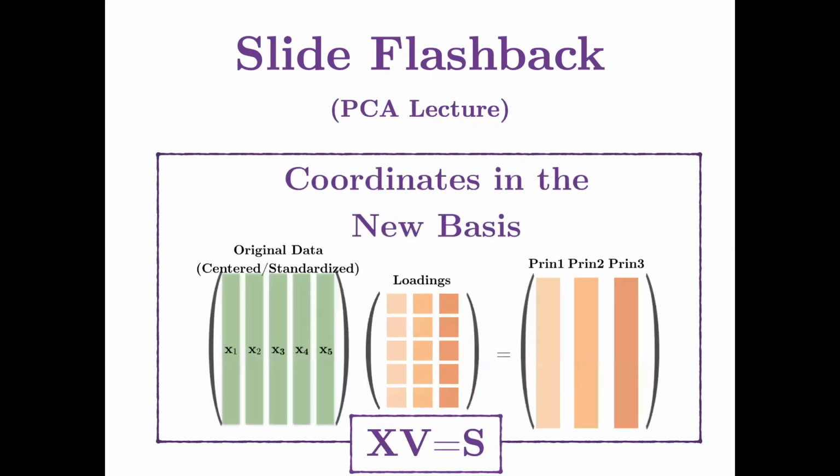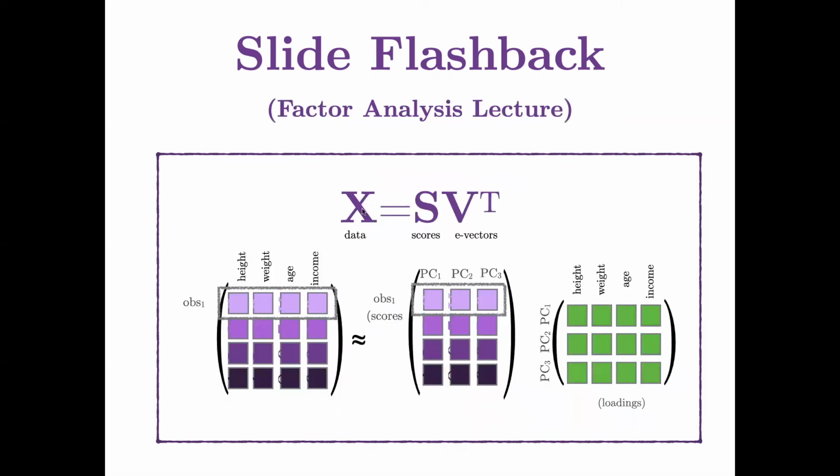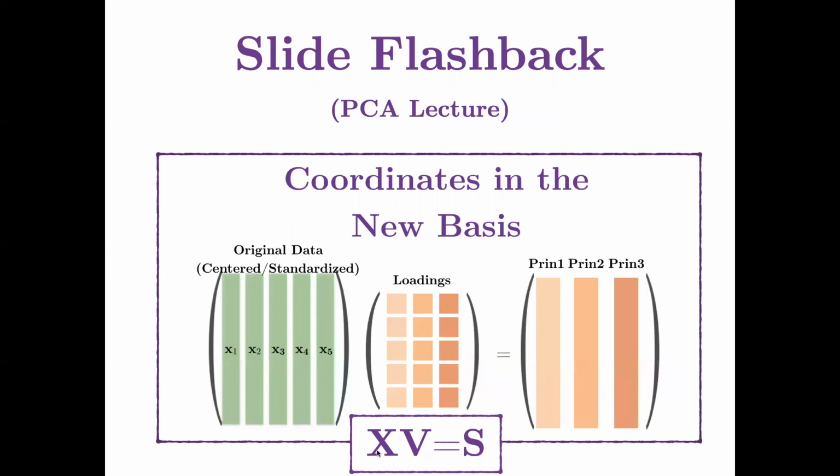When we talked about principal components, we talked about how to get the coordinates in the new basis. So the scores were equal to X times V. Well, that's two different equations with the same exact objects in them. X is equal to S times V, and X times V is equal to S.